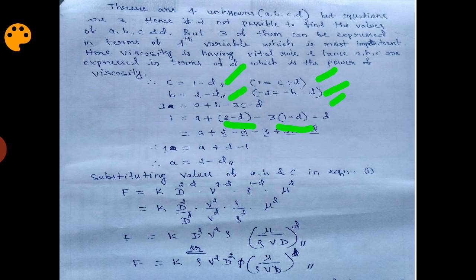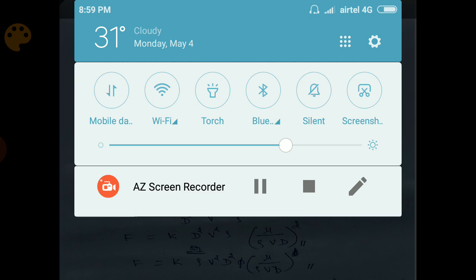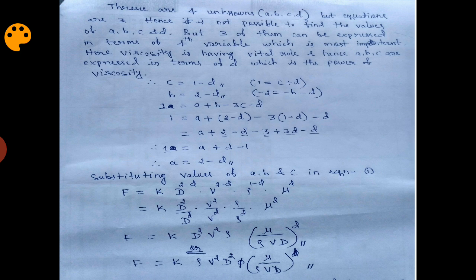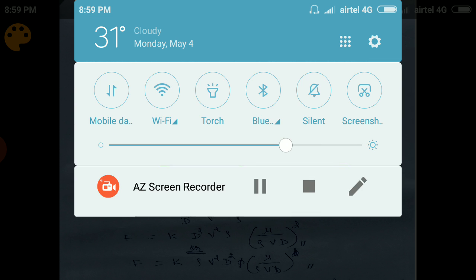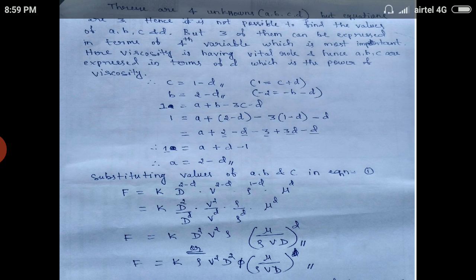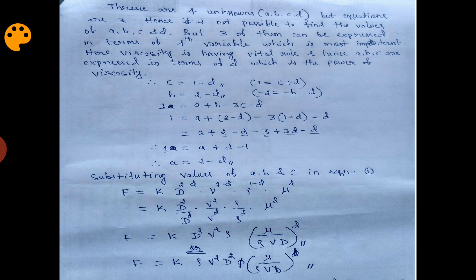After simplification we will get like this. Further on simplification we will get a is equal to 2 minus d. So we have c is equal to 1 minus d, b is equal to 2 minus d, a is equal to 2 minus d.